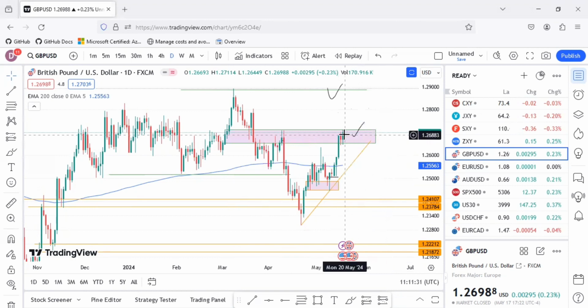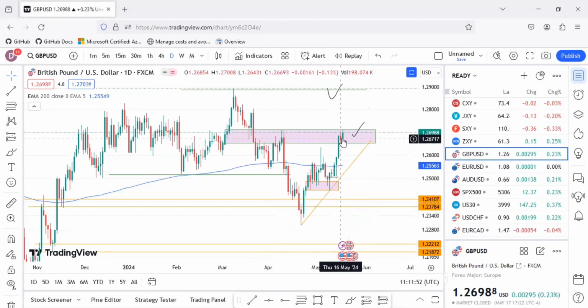At the moment, there is nothing we can do yet because the price has not confirmed a sell for us. At this level, we are looking out for a sell, but price is yet to confirm a sell, and we need to get a confirmation before we can sell.